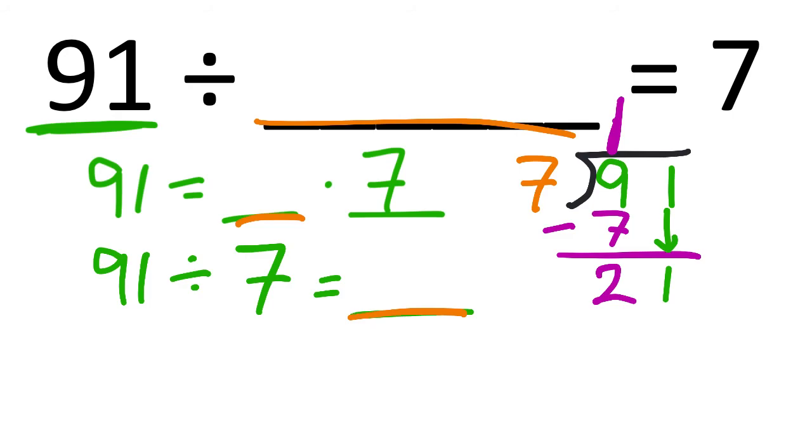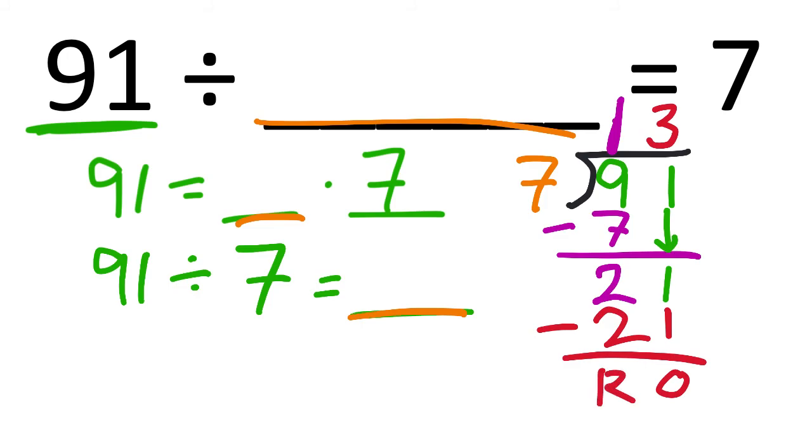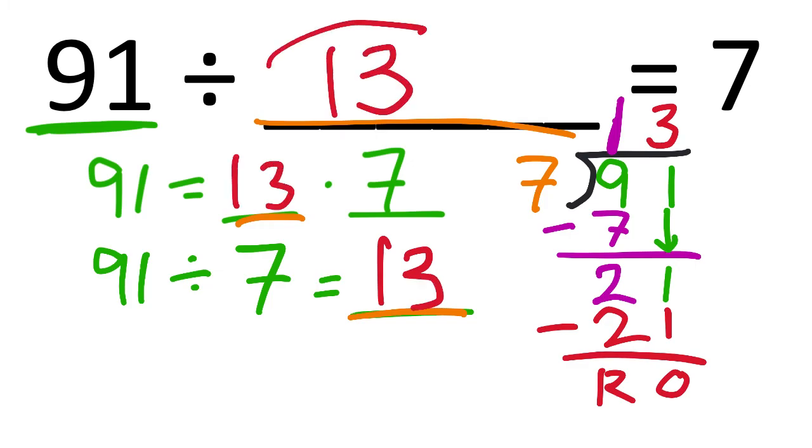And 7 goes into 21 evenly. It goes into it exactly 3 times. 3 times 7 is 21, and this shows that we have nothing remaining in this one. So that empty value there is going to be that 13 we just found. 13. 91 divided by 13 is 7.